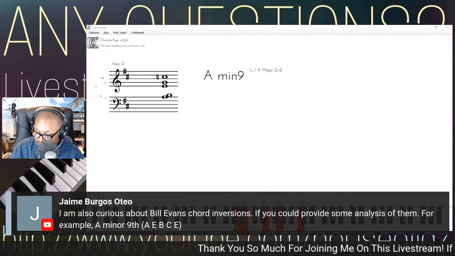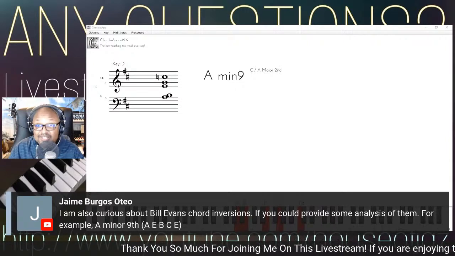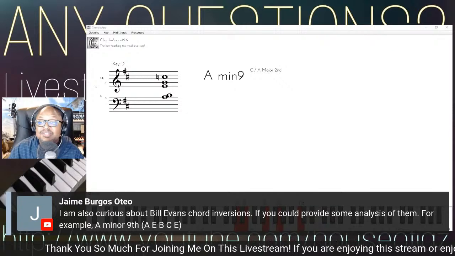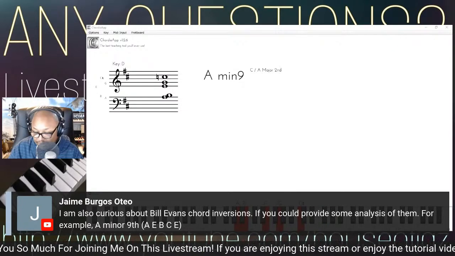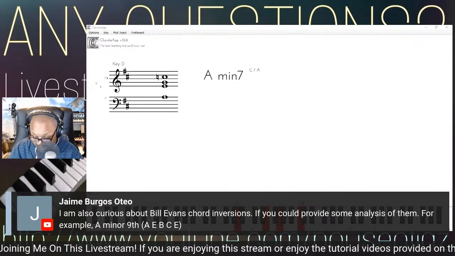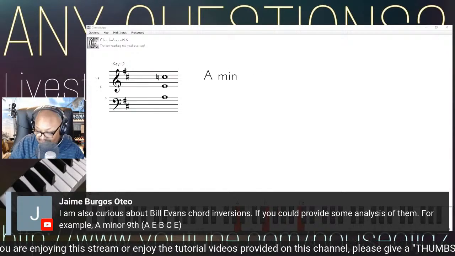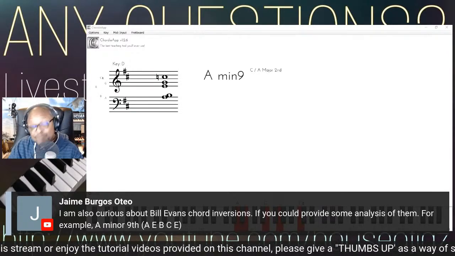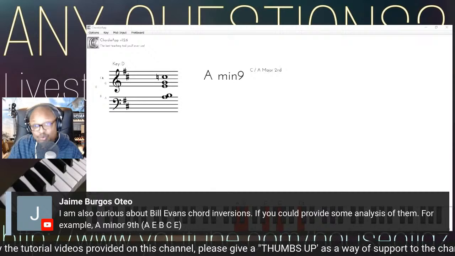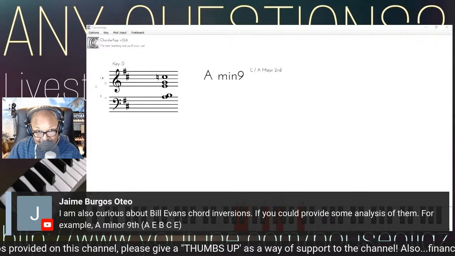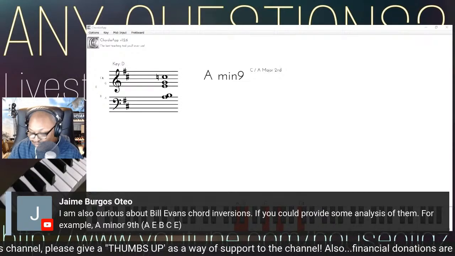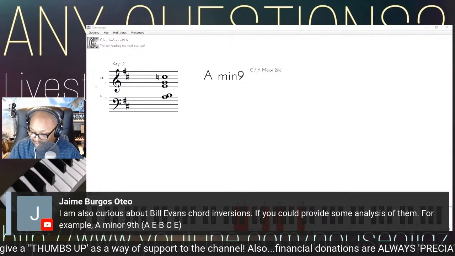But this is still an A minor chord. Why is it still a minor chord? Because we're still playing A, C, E, G, and B. So no matter what order we play these notes in, as long as we're playing those notes, it's still going to be an A minor chord.